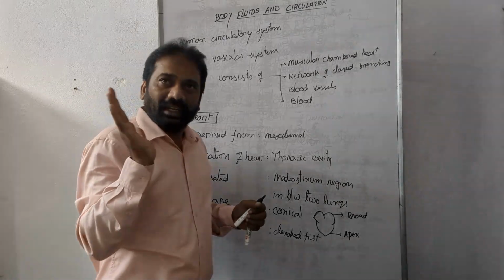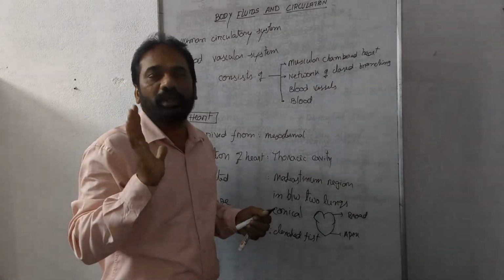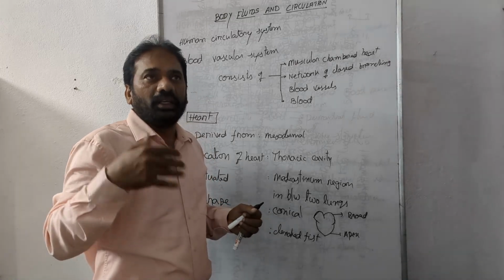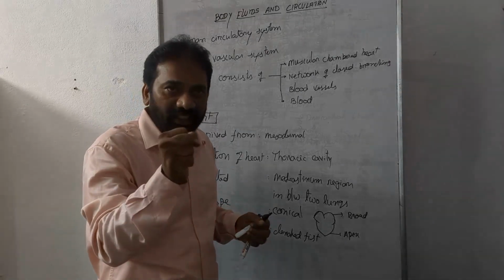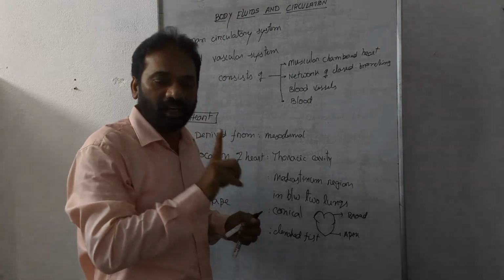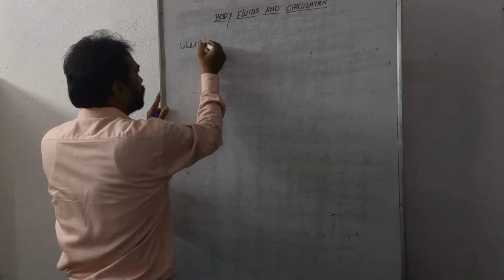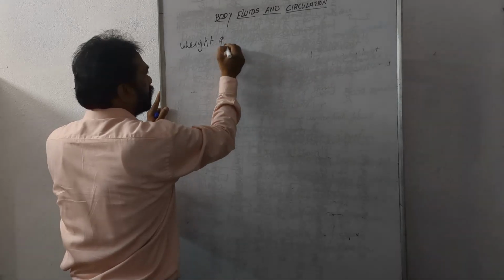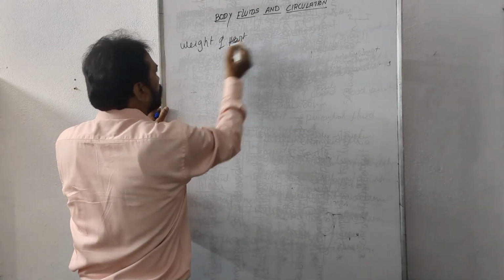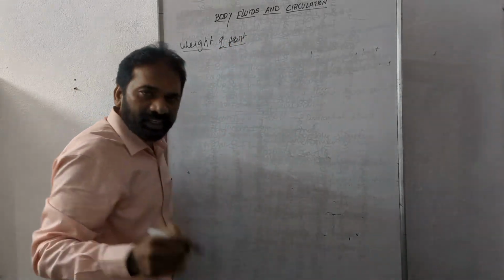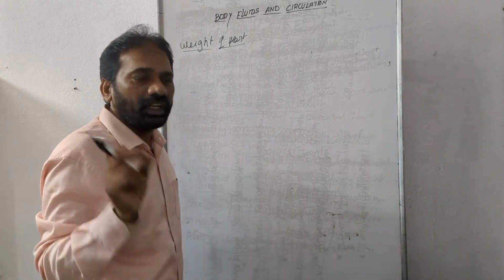Particularly in gender difference also we are identifying. Whose clenched fist size, that size is maintained by their heart. What is the weight of heart? Any variation is there, particularly in adults.